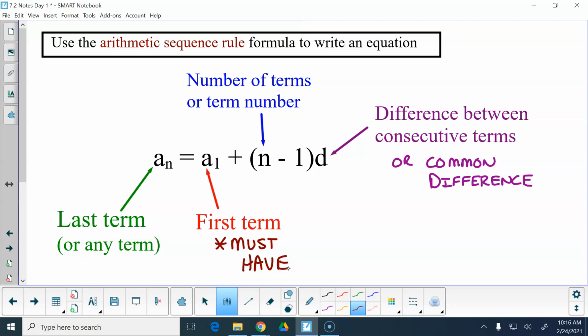You must have the common difference in order to find the rule. You gotta have those two in order to find the rule. If you don't have those two, you have to algebraically find them. And we'll go through the different scenarios of how to find those today. Okay?